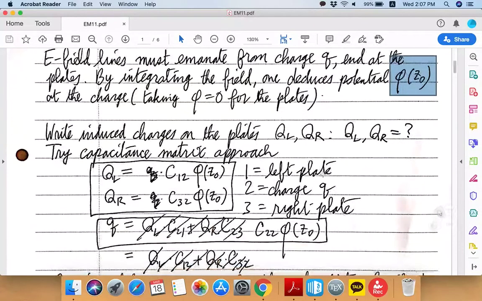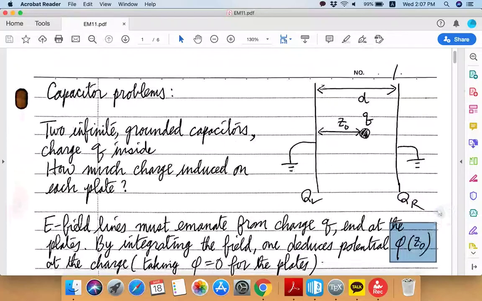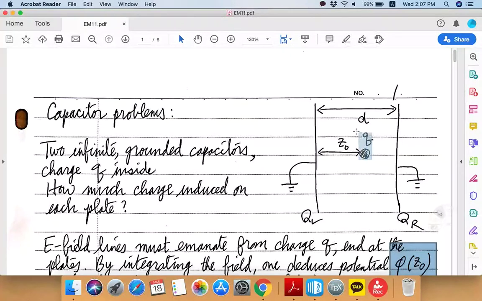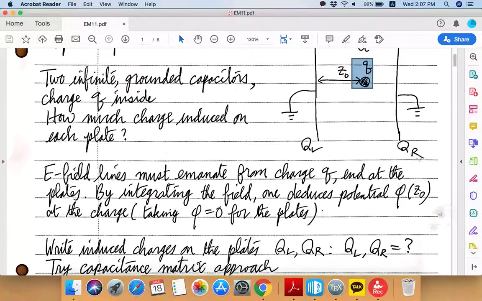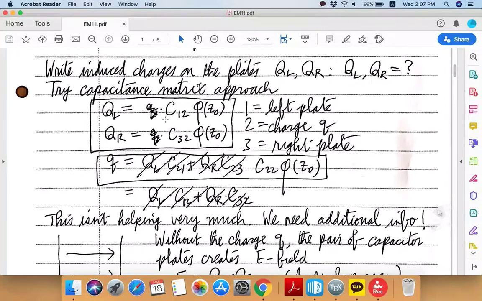Then we can just apply this general relation in this context, denoting 1 for the plate on the left, 2 for this little spherical ball of charge, and 3 for the plate on the right. Then the relation will read like QL will be proportional to the potential phi 0 at Z0 multiplied by the value of the mutual capacitance C12.